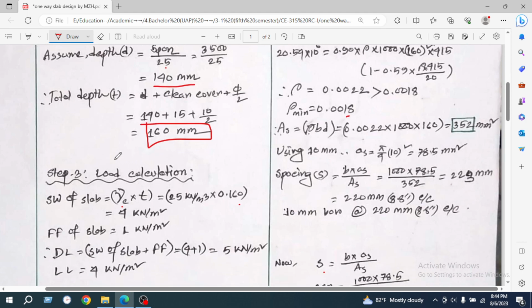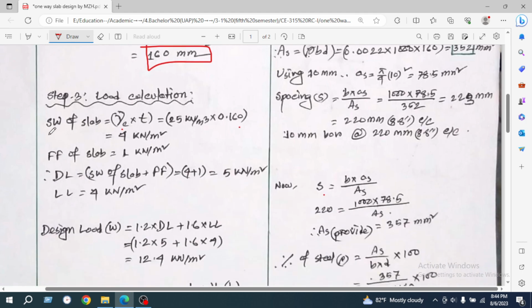Okay, let's see step 3, the load calculation. The self weight of slab is the unit weight of concrete multiplied by the thickness of the slab. So the unit weight of concrete is 25 kN per cubic meter and thickness of slab is 160, which is 0.160 meter.